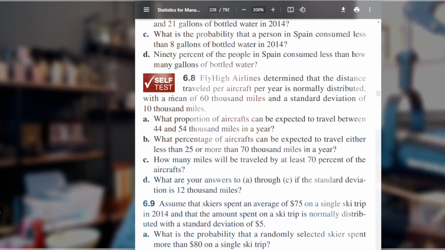Great. With a mean of 60,000 miles and a standard deviation of 10,000 miles. What proportion of aircraft can be expected to travel between 44 and 54,000 miles in a year? So we'll work this one because this is an in-between problem, and that's one that we always want to take a look at.